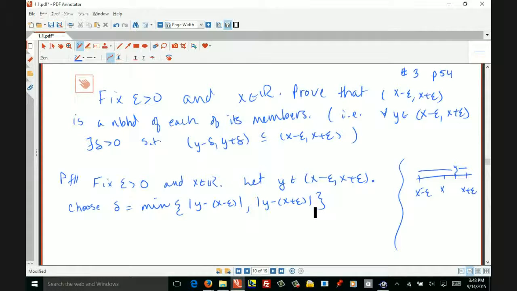Now we're only going to have 2 cases with this one instead of the 4 cases because we're going to use some absolute values on this one. So case 1, x minus epsilon is less than y is less than or equal to x. In this case, that means y is over on this side. What would delta be equal to then?